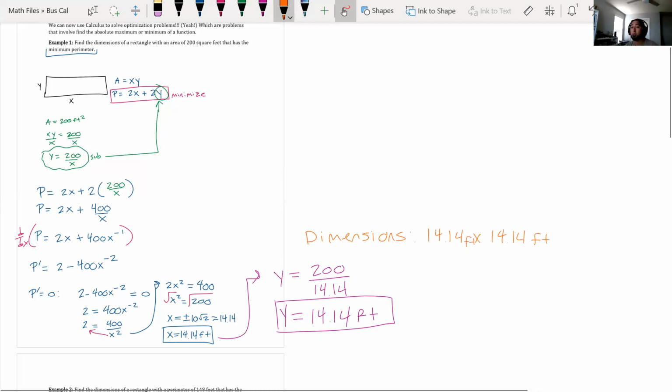So the dimensions that would minimize the perimeter are 14.14 feet by 14.14 feet. So if you optimize a rectangle, we get a square. All right, so that's how optimization works. Any questions on that process?